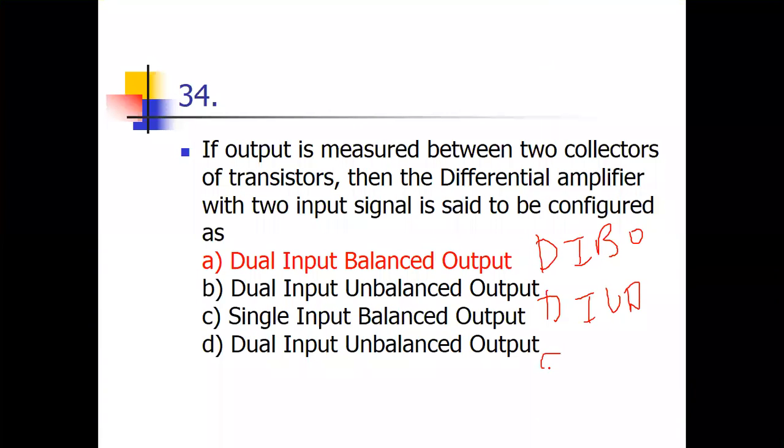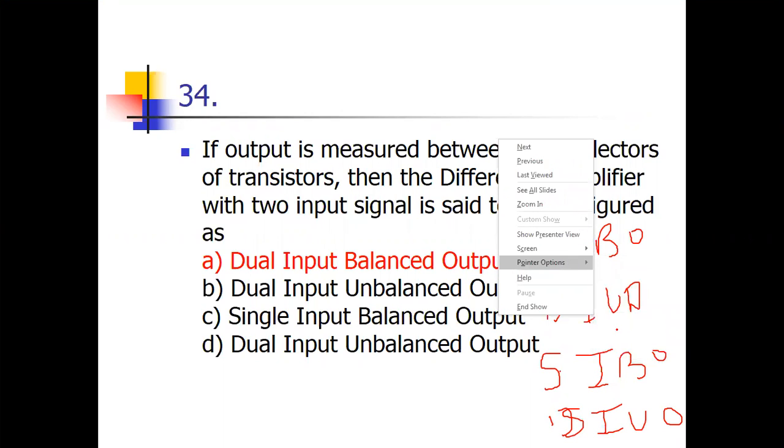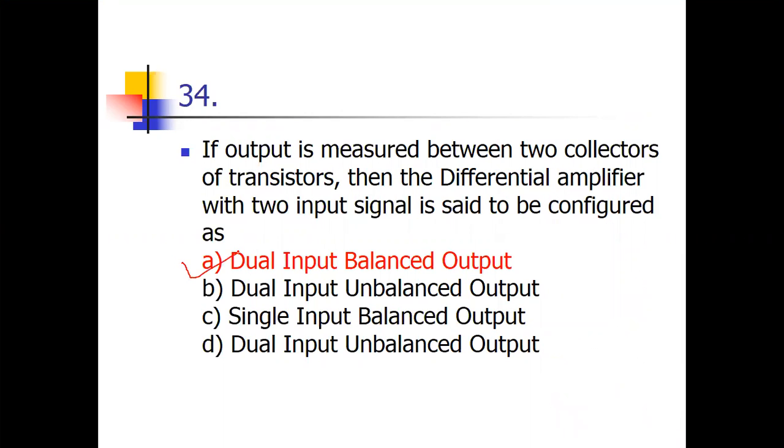Single input balanced output means we are applying input at one terminal but taking output at both terminals. And single input unbalanced output means we are applying input at one terminal and taking output at one terminal. Okay. So what is perfect? Perfect is applying input at both terminals and taking output at both terminals.